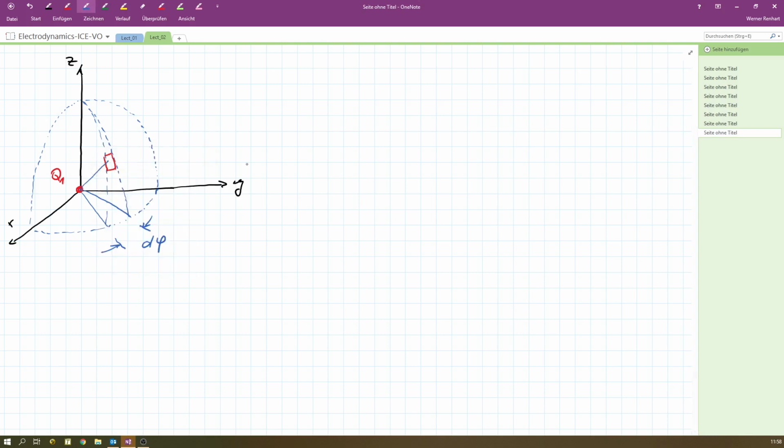This may be the radius, and the electric field E1 has only a radial component, and also the surface outer unit vector d gamma at any point is in radial direction.